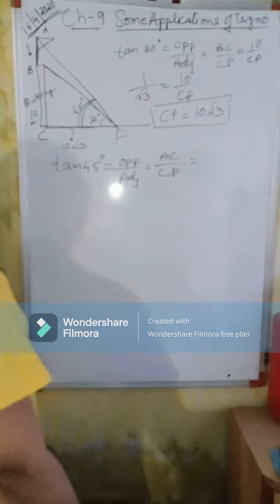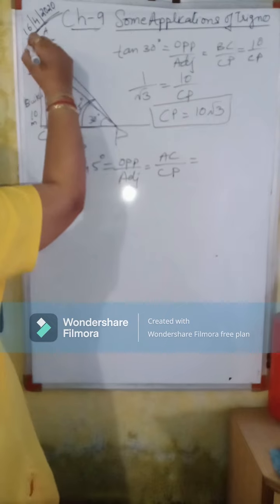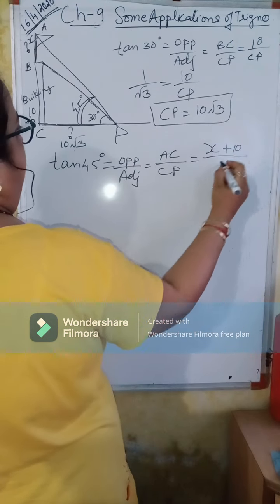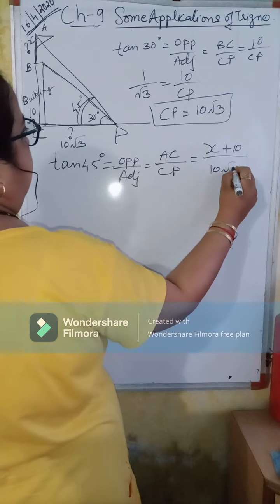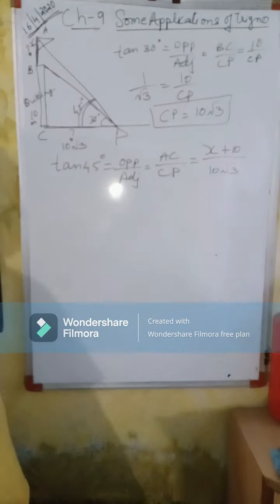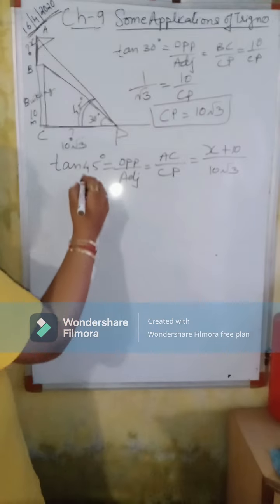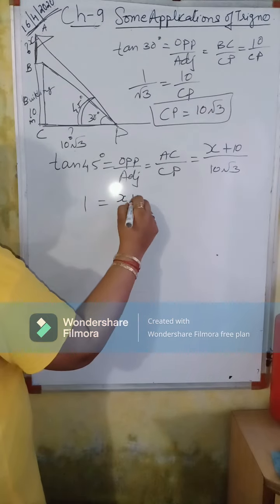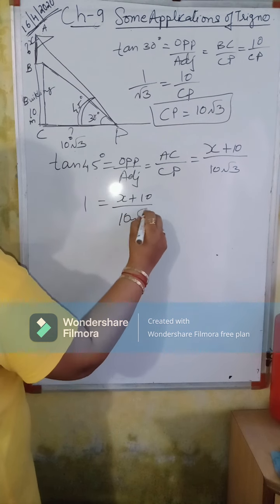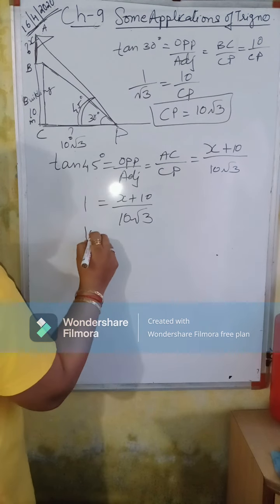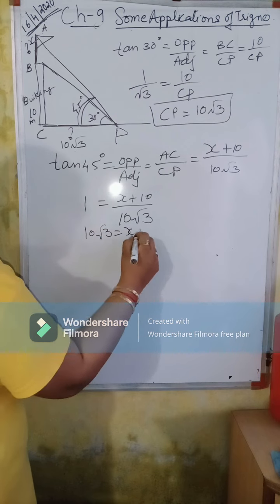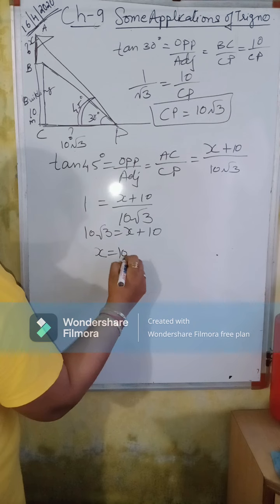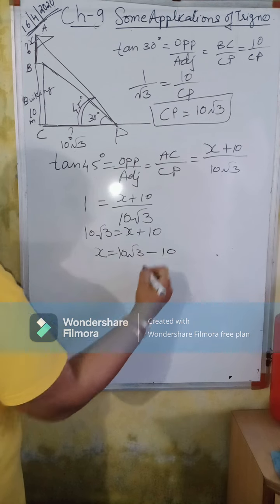But AC is in two parts, so I count the flag as X. AC is X plus 10, upon CP, which is 10 root 3. Understood? आया समझ में? Now tan 45 degrees is 1, so 1 is equal to X plus 10 upon 10 root 3. Put this here: 10 root 3 is equal to X plus 10. Therefore X is equal to 10 root 3 minus 10.